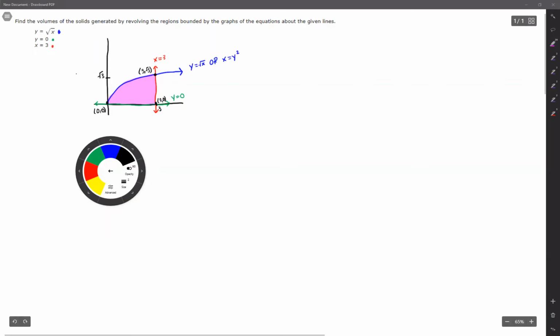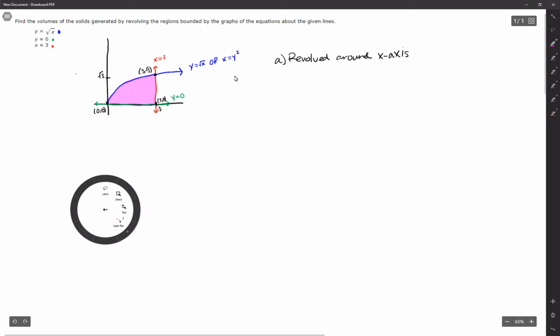Okay. So first, let's revolve this around the x-axis. Okay, so what that means is, let me just steal this here. Oh, that sort of copies the whole thing, doesn't it?